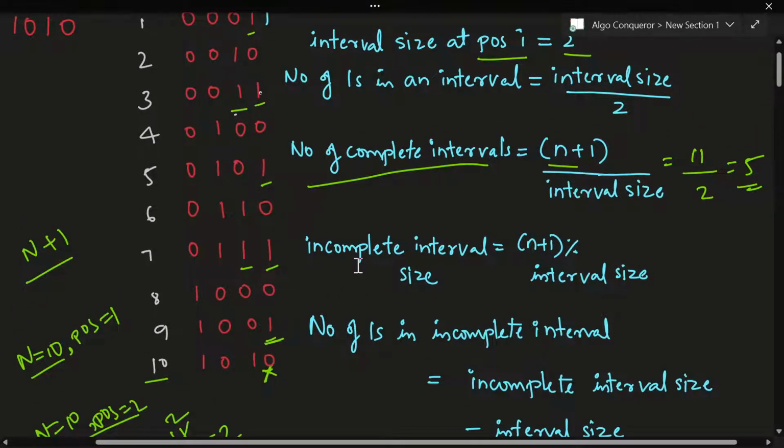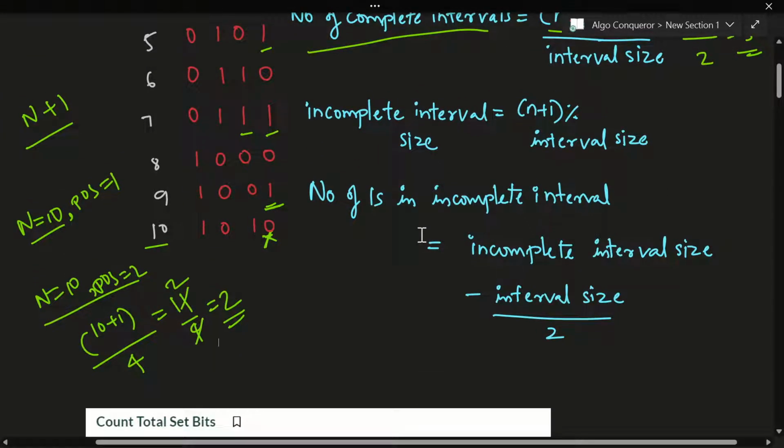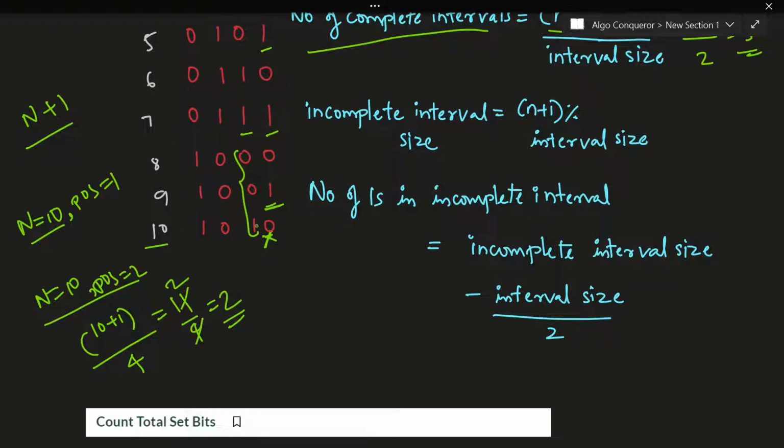Now the complete intervals concept is clear to you. Now let's look at the incomplete interval size. So for n is equal to 10 and position 2, this is the incomplete interval. Do you agree on this? Now, how do you find that size? It's just the remainder, right?